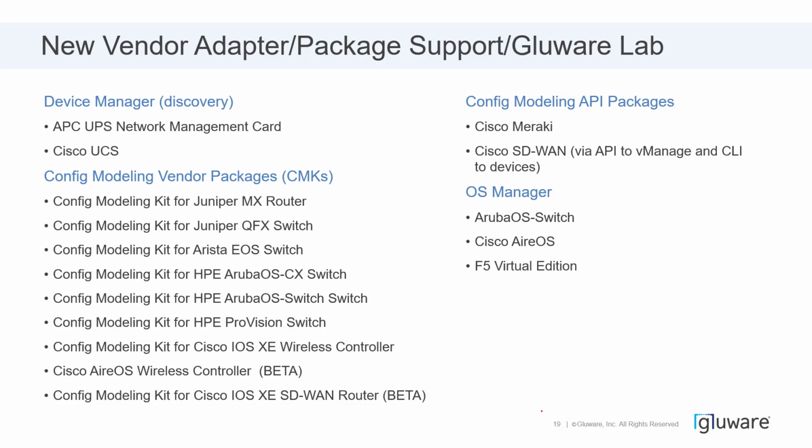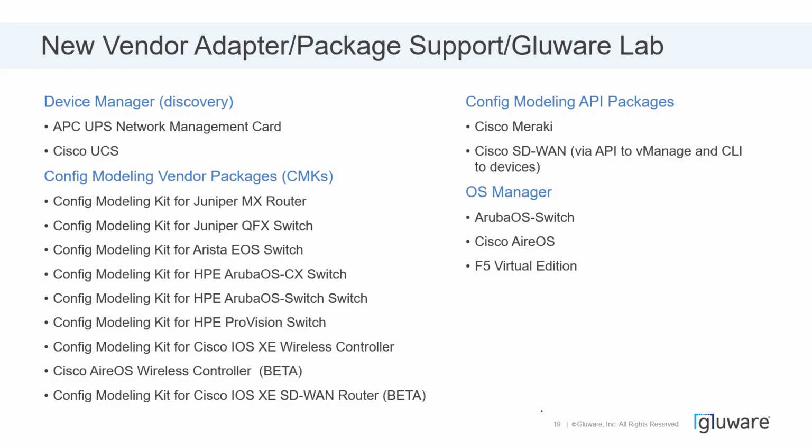Since 4.0, we've had numerous enhancements and vendor support here, expanding the config modeling. Config modeling kits are essentially libraries of automation ability, usually dozens of features that we're able to automate out of the box that we've pre-built for you. And you can expand those libraries, across Juniper, Arista, HP Aruba, Cisco.